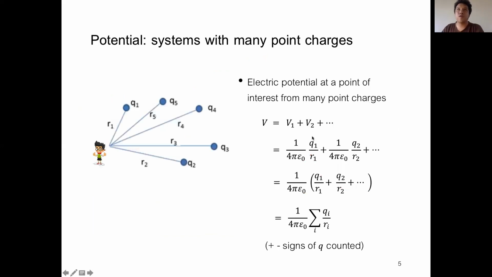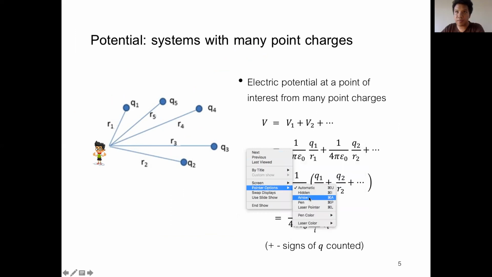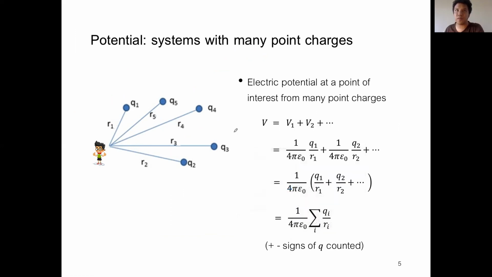For a system with many point charges, we calculate this by summing up the potential from all charges. If I stand here and want to find the potential here, we need the potential from Q1, Q2, Q3, Q4, and Q5, along with the distance R1 from Q1, R2 from Q2, up to R5 from Q5.